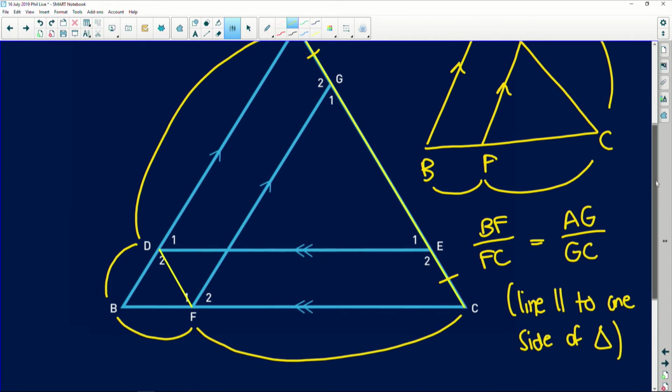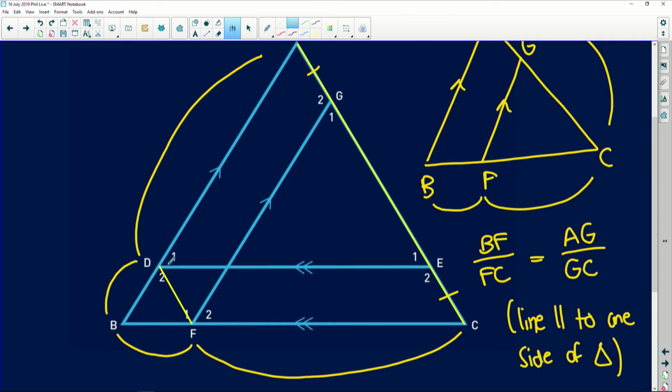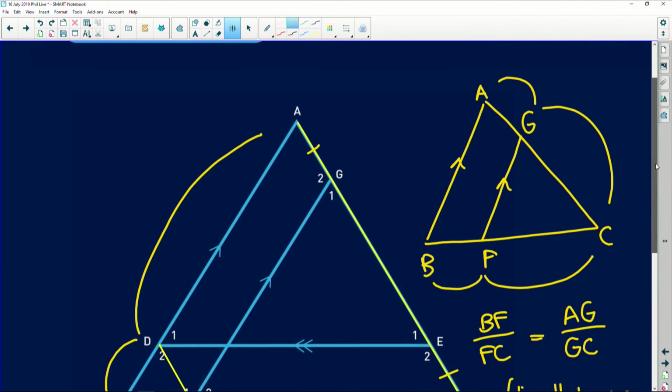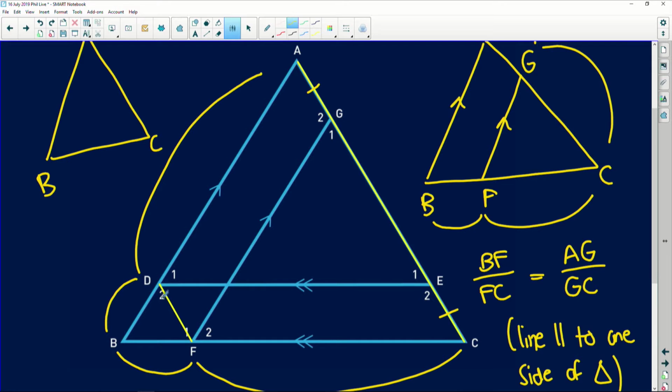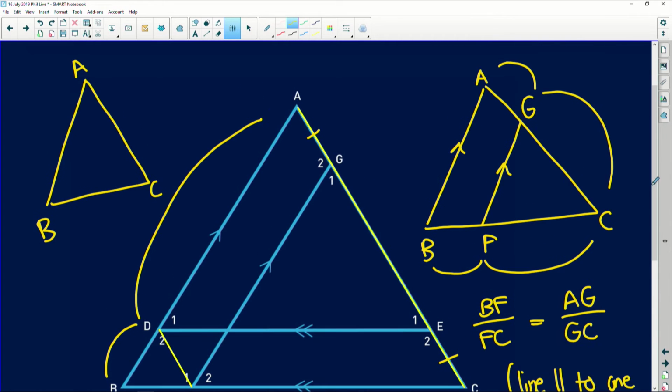Now we need to find a ratio for BD over DA. So now if we look at the triangle as it is orientated that we have it now, we've got A, B, C, and we're going to look at this line here, parallel to the base. So we've got DE here, and we know it's parallel.